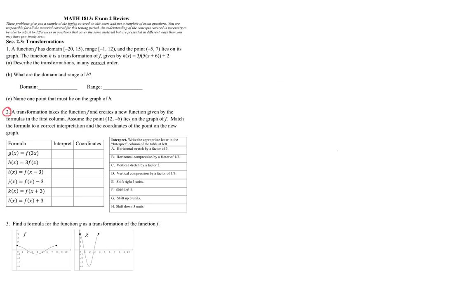Okay, so we are figuring out which one of these transformations is happening, and then we are trying to apply those transformations to this point (12, 6). All right? So if we look at g of x is equal to f of 3x, remember, everything on the inside of our function is going to be horizontal.